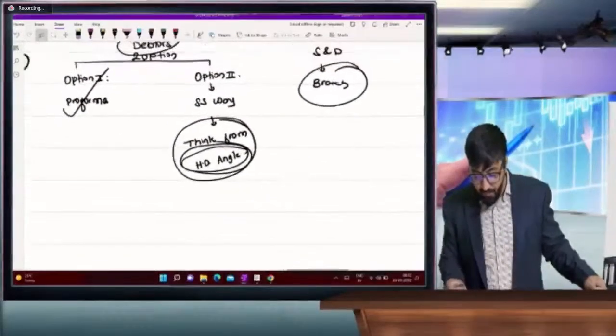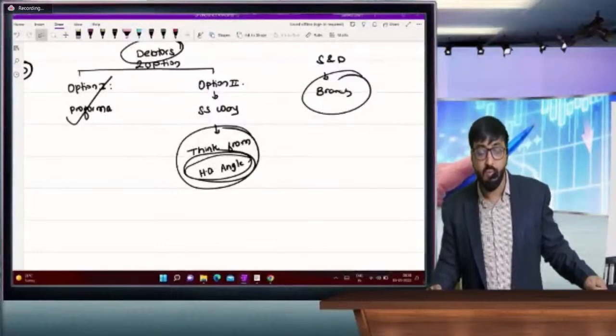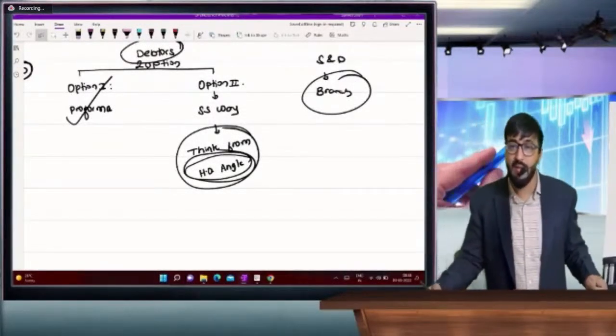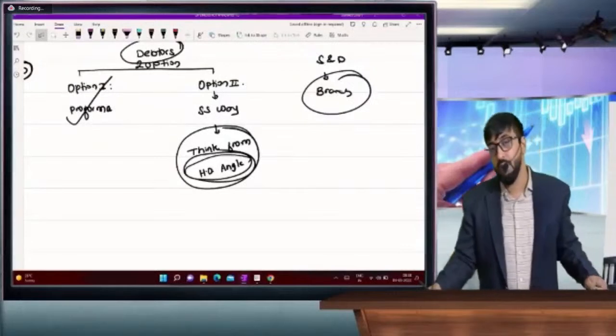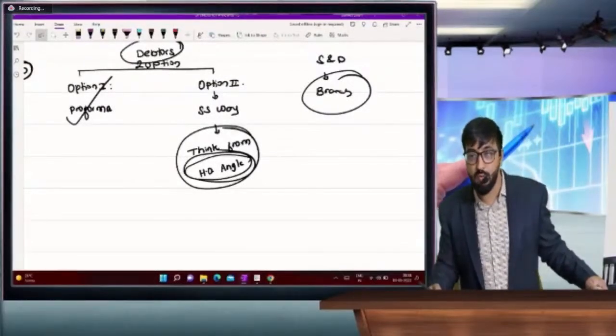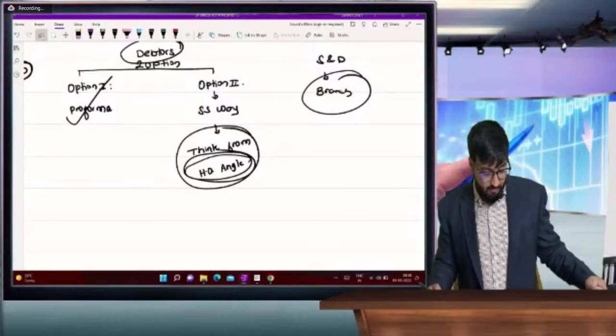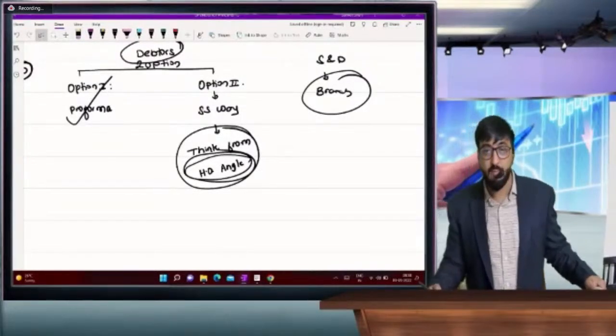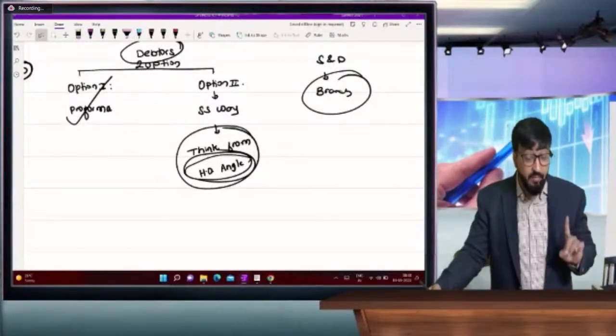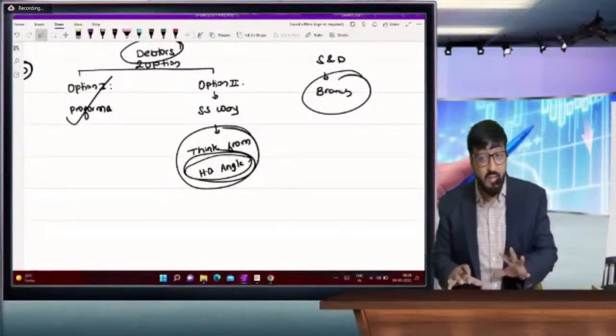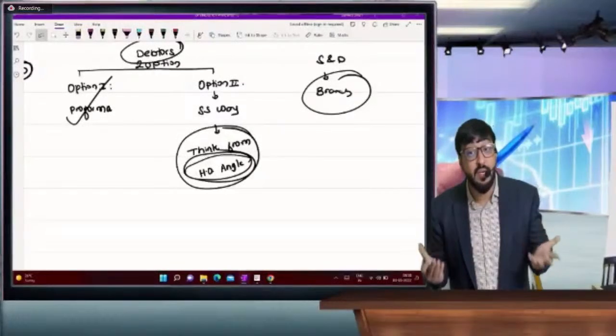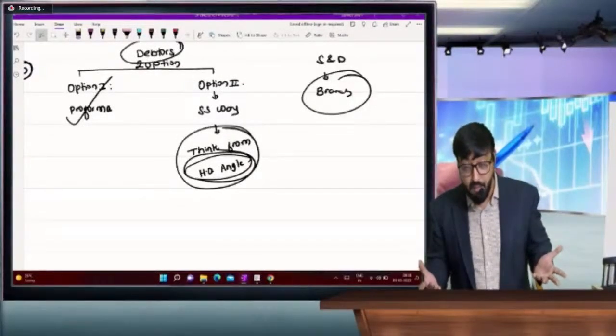I am going to explain both methods today, the debtors method and also the stock and debtors method. Again and again I am telling you, these methods are only a replacement of pro formas.